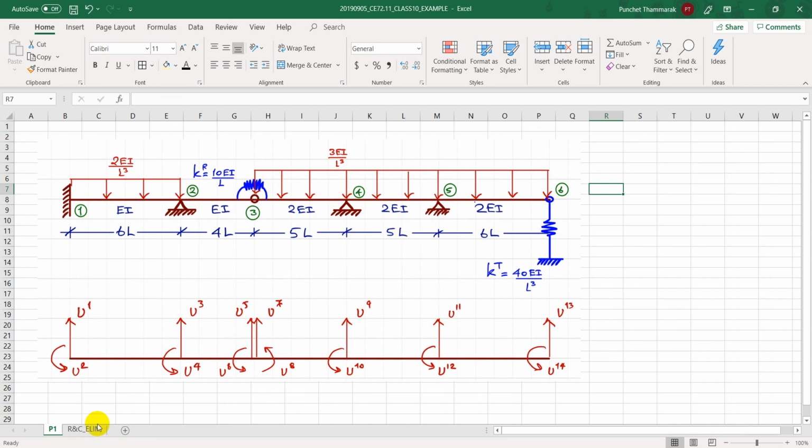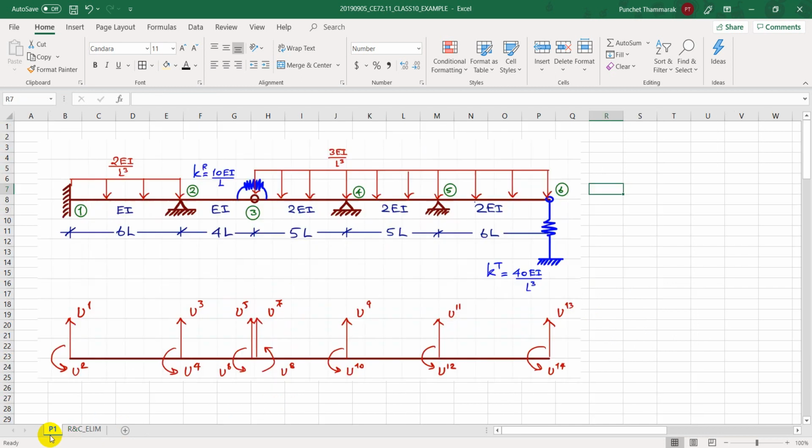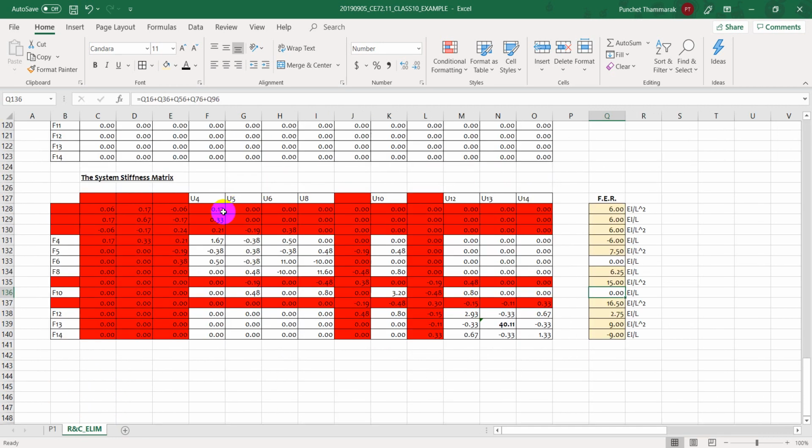So the fixed end reaction, you end up with 0. What else do we need? We have all the springs in there, we have stiffnesses in there, we have fixed end reactions in there already.